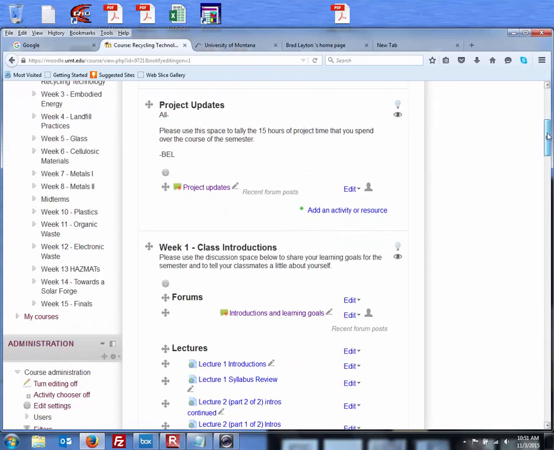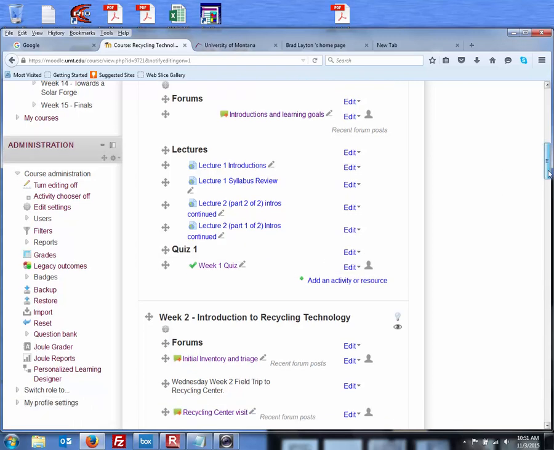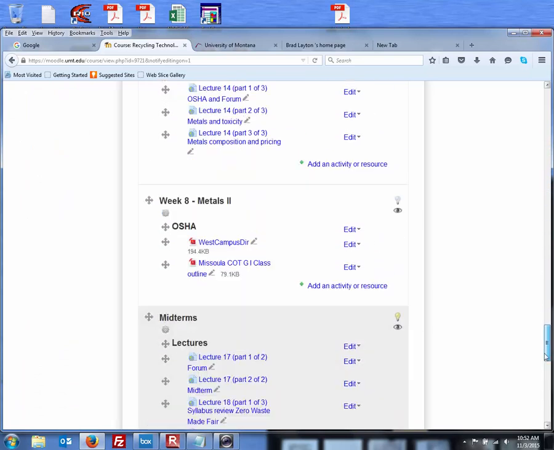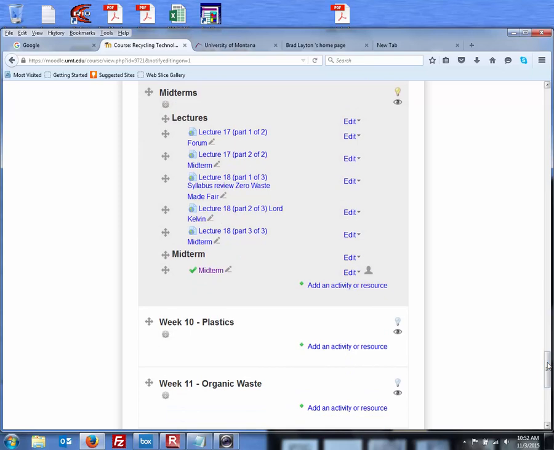But for each week, for example, week 1, the week 1 quiz was launched on Thursday of week 1, and you are to finish that before the Tuesday of week 2. And so the same thing is true with the midterm. I launched that on Thursday of week 9, and so it was due as of 20 minutes ago.